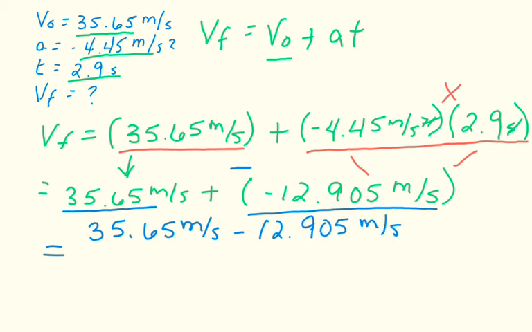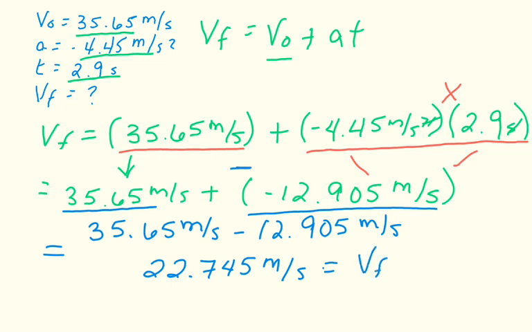And because now they're the same unit, we can subtract, right? So the answer here is 22.745 meters per second is equal to my final velocity.